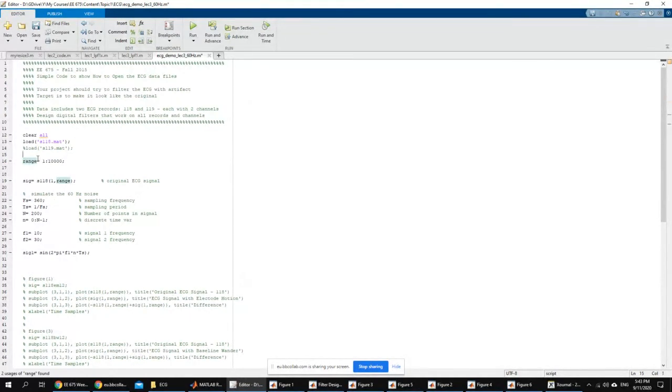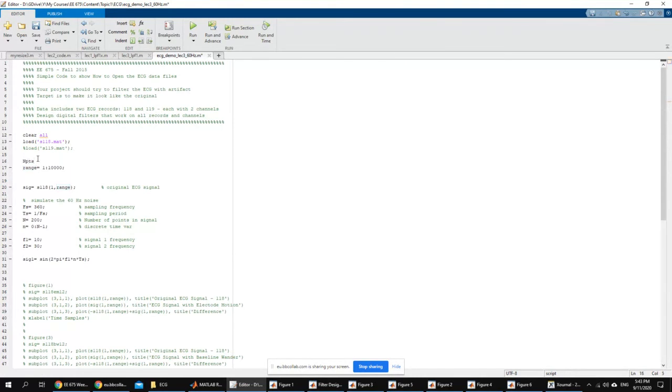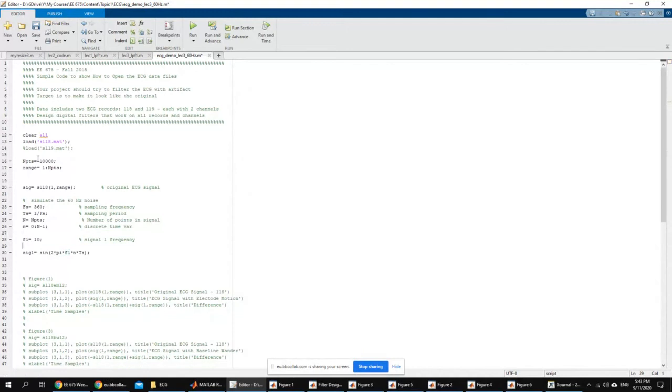Maybe we can put it here so that it's clear, so that we can change it also if you want to. And then N here is equal to NP, same number, okay? And I need only one frequency. So I'm just going to put F1 equal to 60. And I'm going to call this sigN, which is the noise signal.